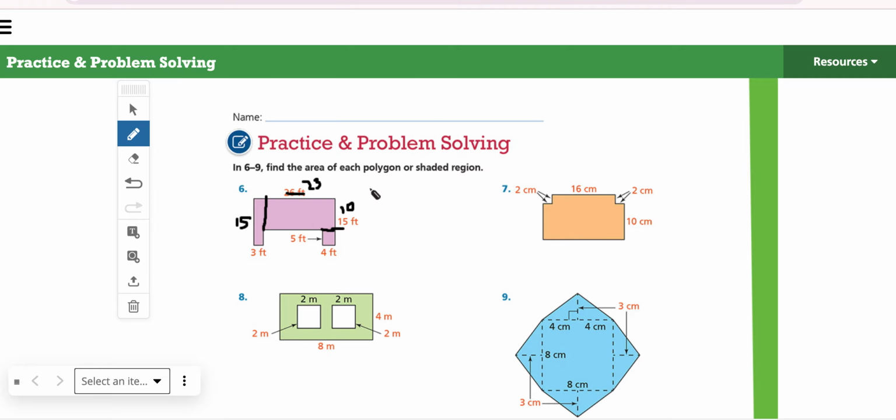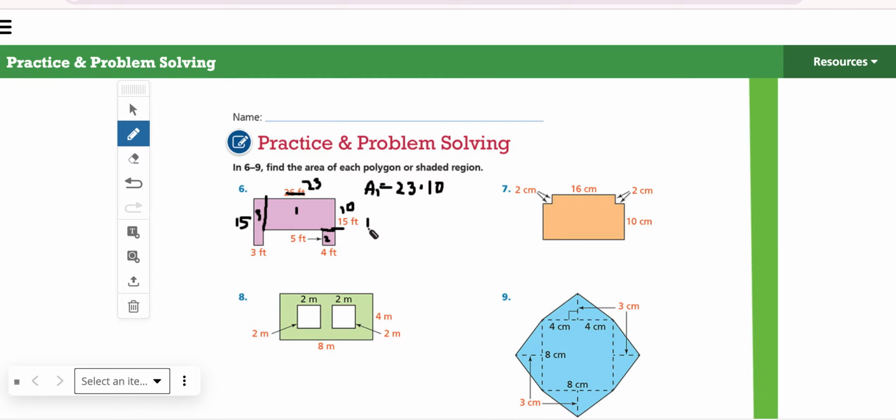Okay, so now we have 1, 2, and 3. Okay, so let's do area number 1. It is going to be a rectangle, and the rectangle will be 23 by 10. So 23 by 10.